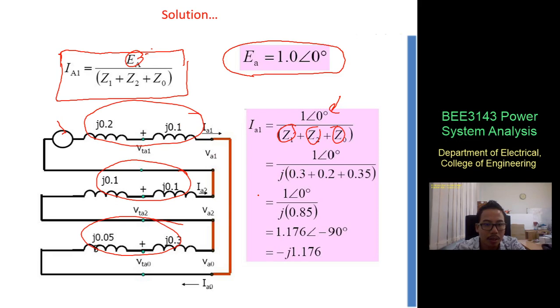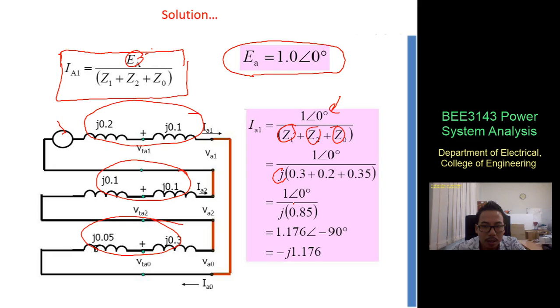Then don't forget the j because it's all about the reactance. Then phase 0 over j multiplied with 0.85. Then you get 1.176 with the phase of minus 90 degrees, or minus j1.176.